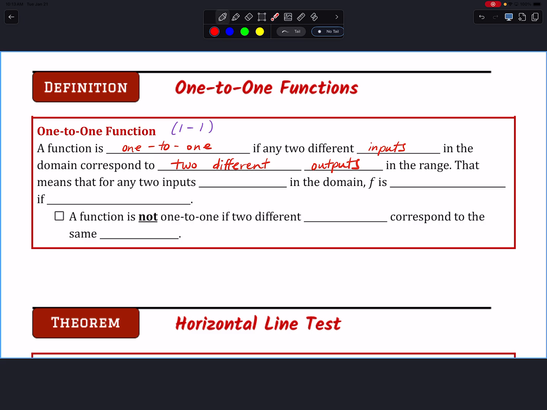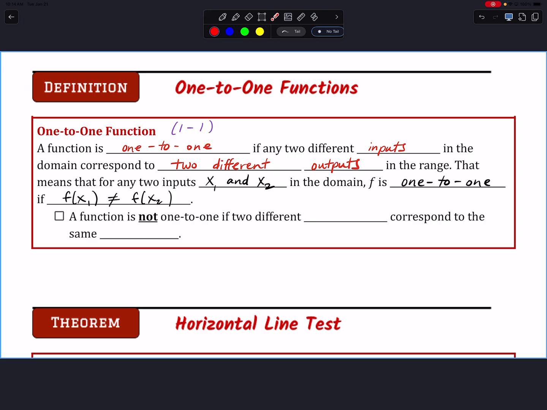That means for any two points, X1 and X2 in the domain, f is one-to-one if f of x1 does not equal f of x2.